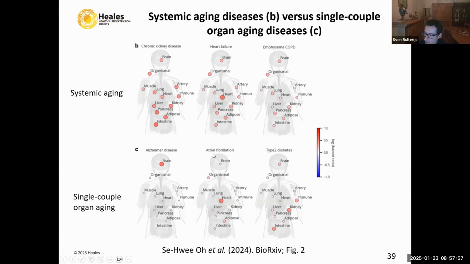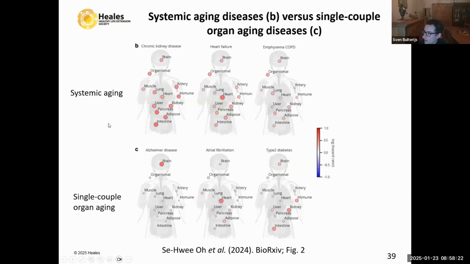Atrial fibrillation, a type of heart disease, they have old hearts, but not other organs aged. People who have type 2 diabetes are old in the immune system, in the kidneys, and in the intestine. And interestingly, tissues like the liver, the pancreas, the muscle that are important in diabetes do not come out here. That was a bit surprising to me.